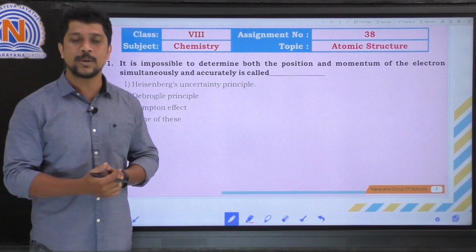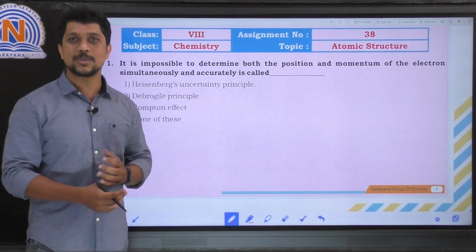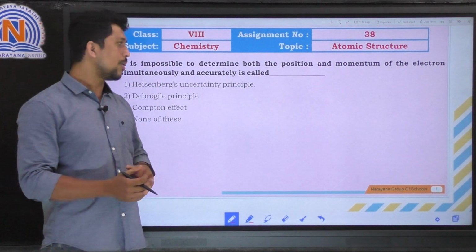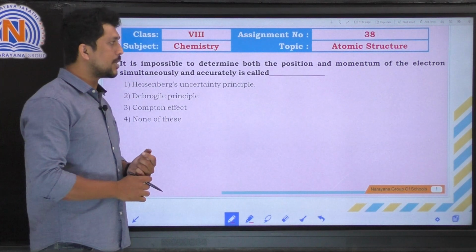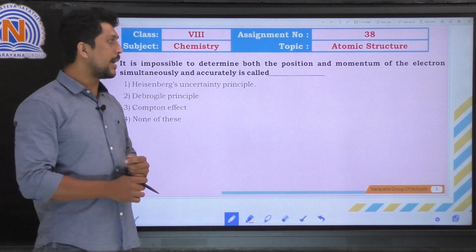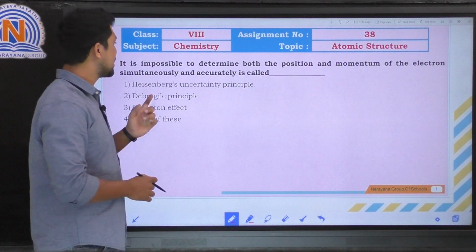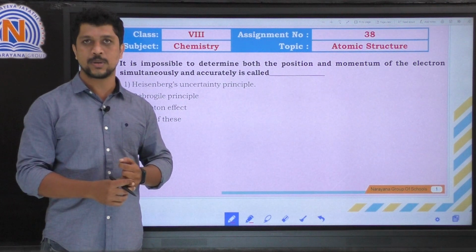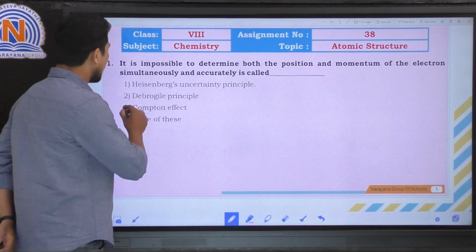That was explained by Heisenberg. So that principle is called as Heisenberg uncertainty principle. So the option is first option.